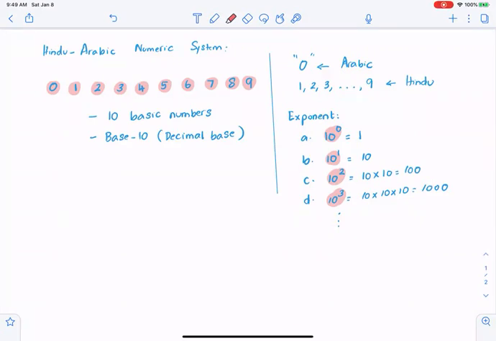So what should I do if I have to count beyond that part? So I'm going to take 0 through 9, but add 1 in front of it. If I did that, I'll get 10, 11, 12, 13, 14, 15, 16, 17, 18, and 19. That would be the next set of numbers.